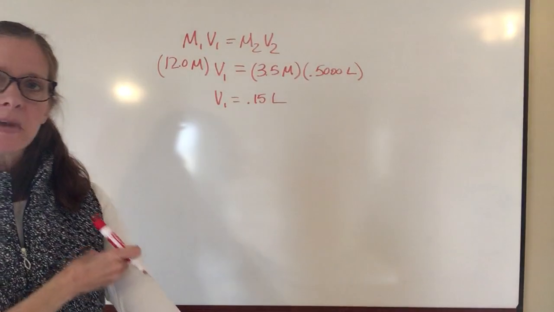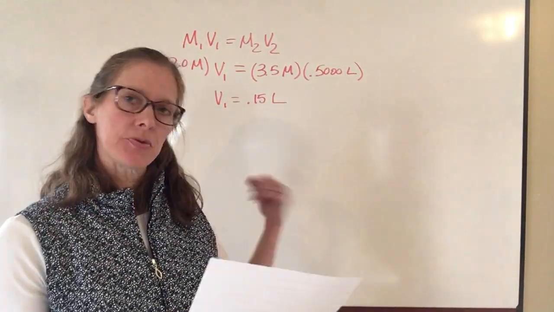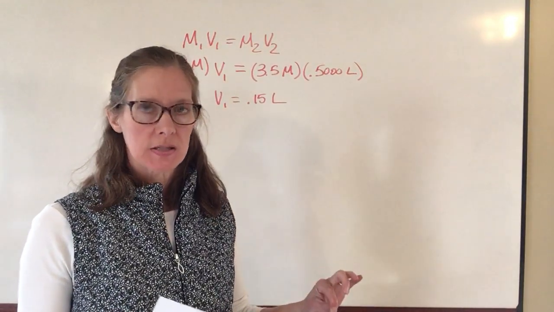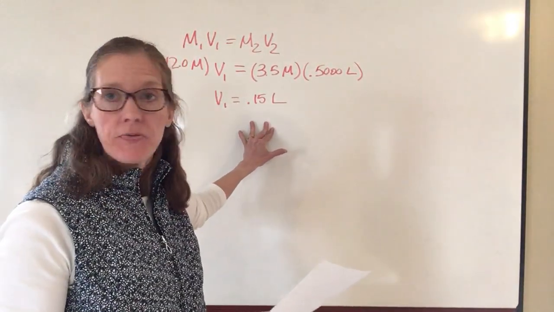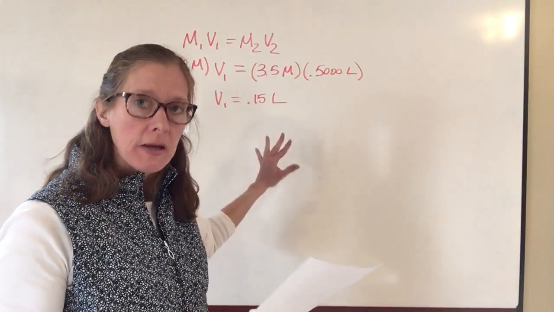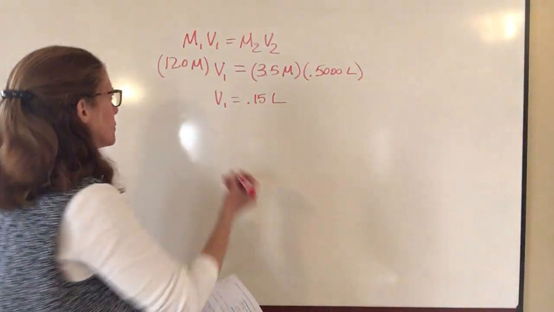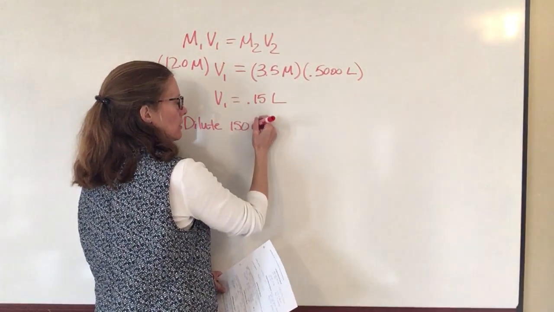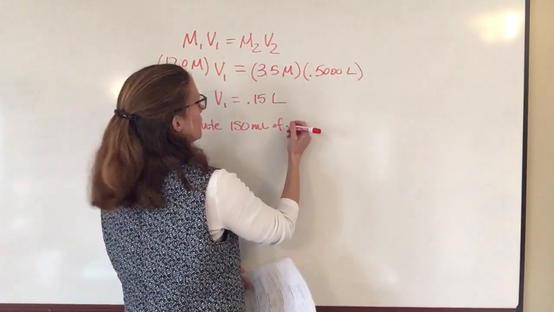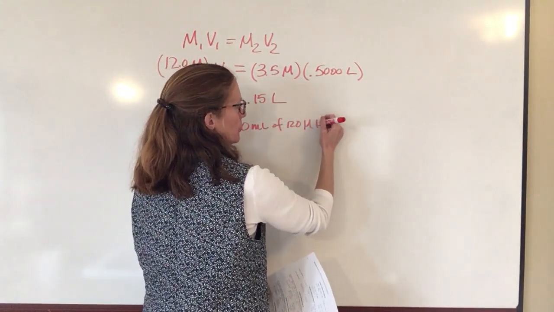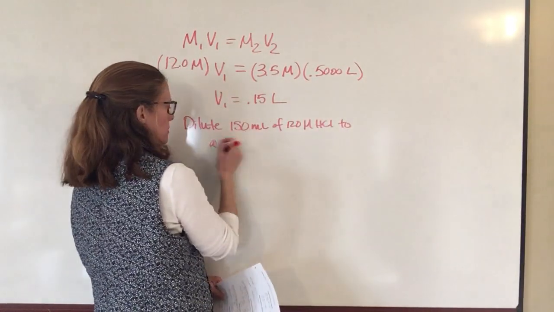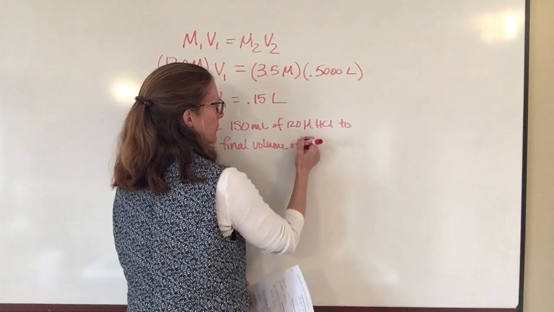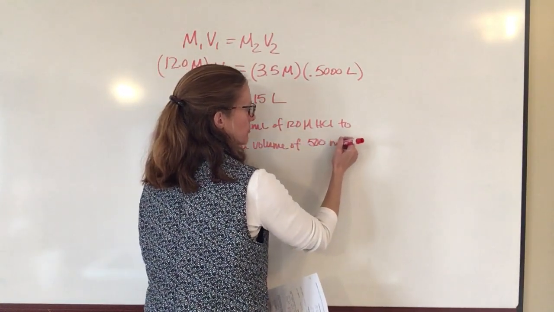You need to be careful on this kind of problem, because if I put it on the test and ask you, how would you dilute it? This is not the final answer. The final answer is you would dilute 150 milliliters of 12 molar HCl to a final volume of 500 milliliters.